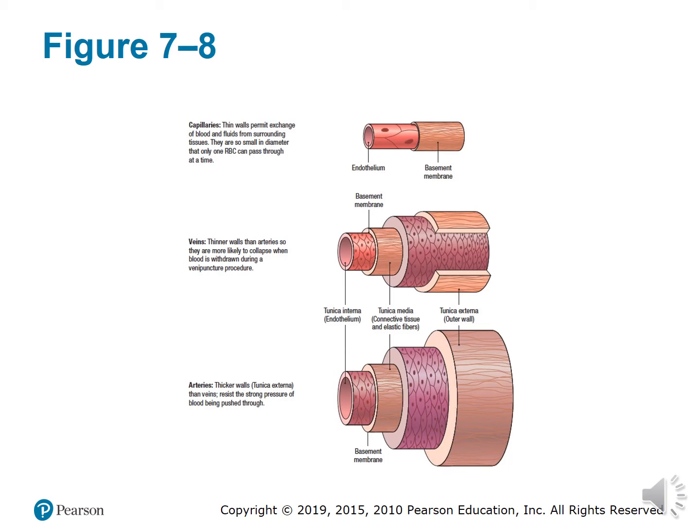All right, it's a comparison of the arteries, the veins, and the capillaries. This is what each of them looks like. They are essentially categorized just by the wall.